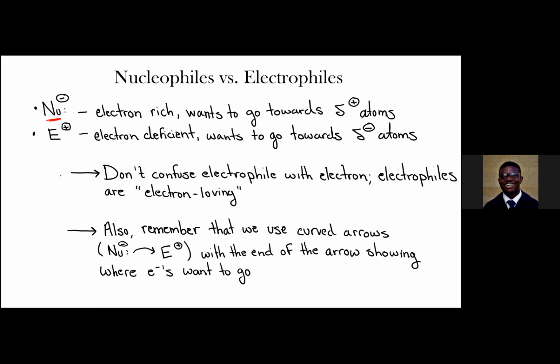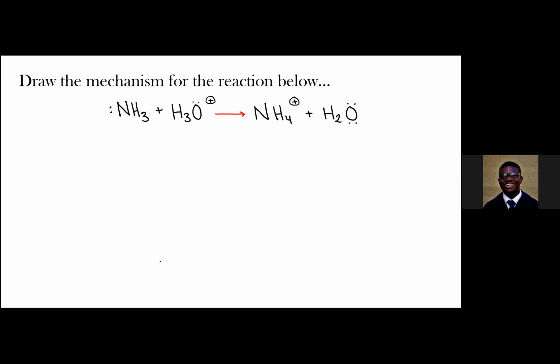It's also really important to not confuse electrophile with electron. Electrophiles are electron loving. So when you think about your curved arrows, it's always going to be nucleophile to electrophile, never the other way around.